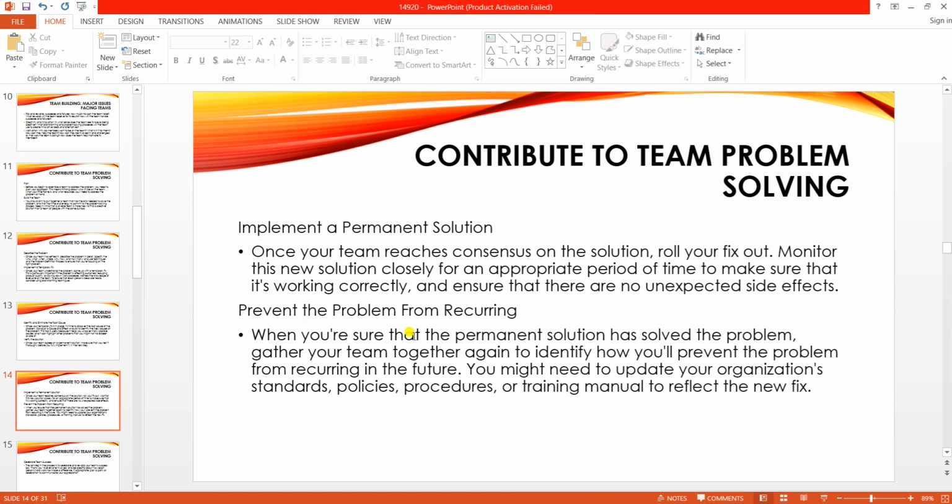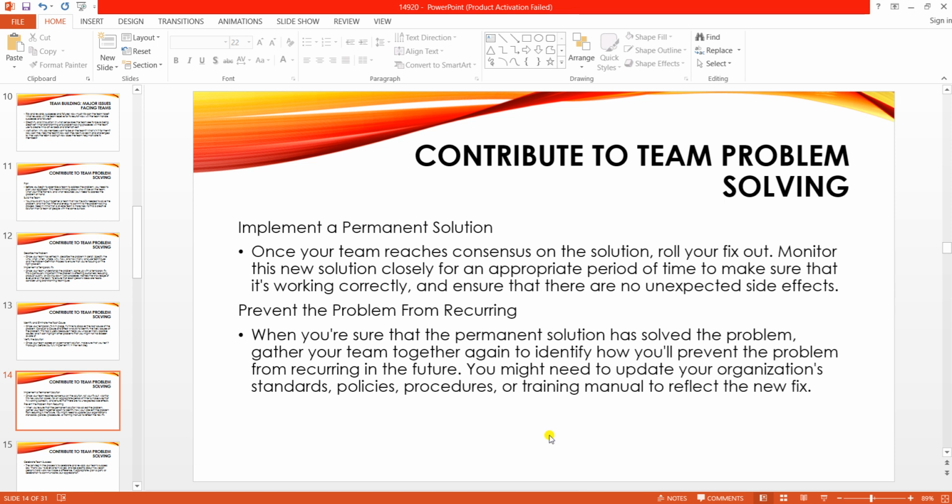Also, you need to prevent the problem from reoccurring. When you are sure that the permanent solution has solved the problem, you need to gather the team together again to identify how you will prevent the problem from reoccurring in the future. You might need to update your organization's standards, policies, procedures, or training manuals to reflect the new fix.